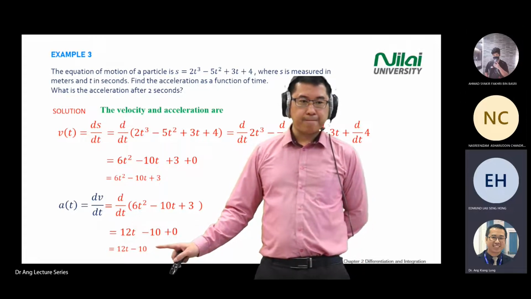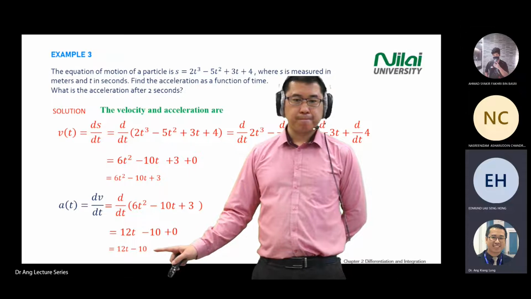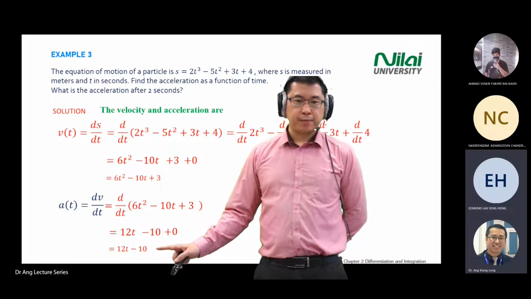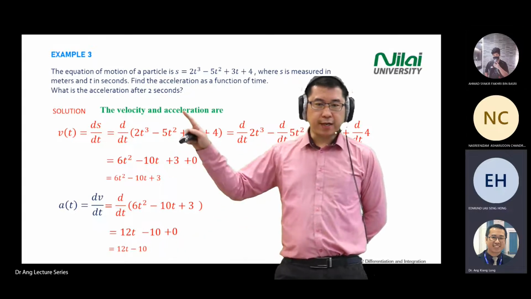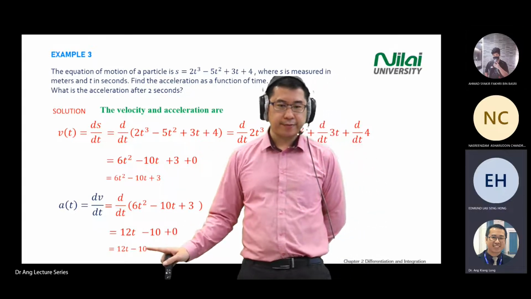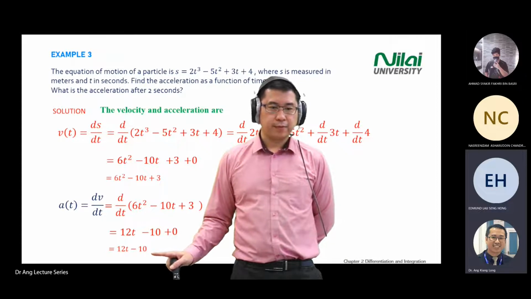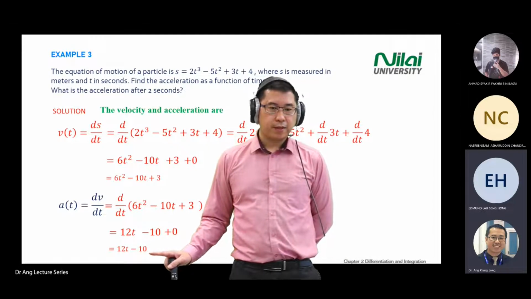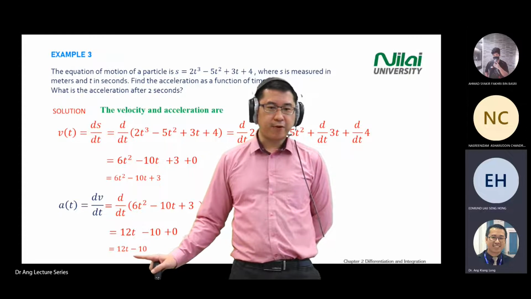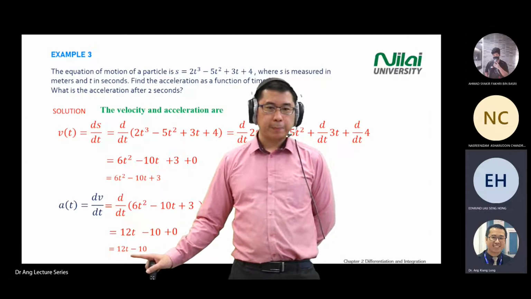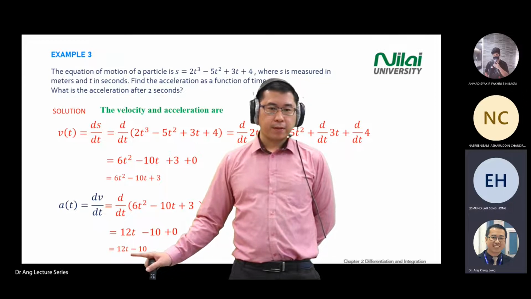Answer is what? After 2 seconds, what is your acceleration? 4, sir. Your answer is 4. How did you get 4? Can you explain? 12 minus 10.